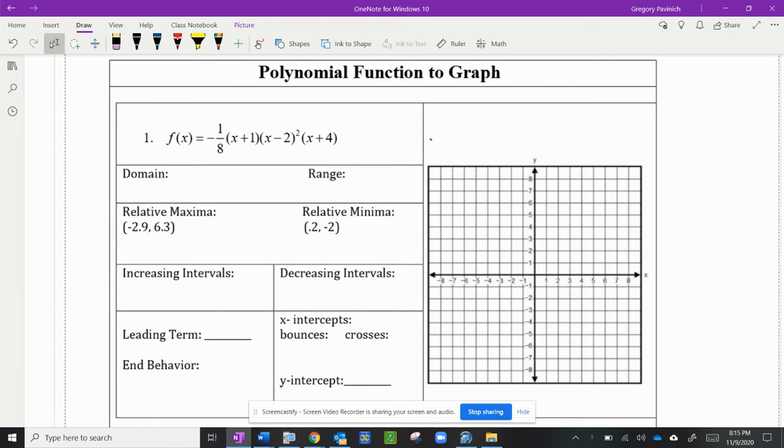It's usually the x-intercepts. So I have my x-intercepts at -1, 2, and -4.